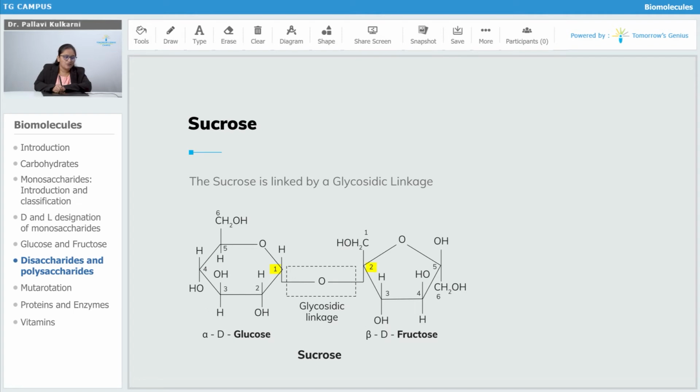Therefore, in glucose the anomeric carbon is carbon number 1, and in fructose the anomeric carbon is carbon number 2. The linkage between carbon number 1 of glucose and carbon number 2 of fructose is called the glycosidic linkage of the sucrose.